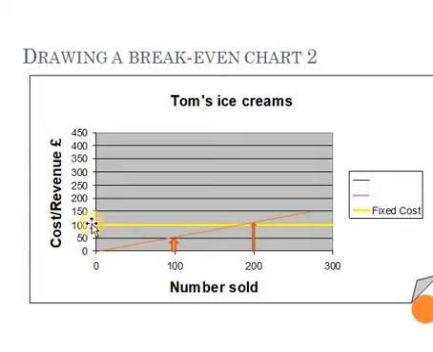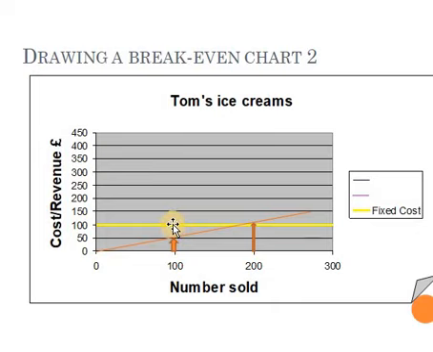Now if I want to look at the point on the x-axis related to the 100 units, I know that the variable cost is $50 as we calculated previously. If I draw a horizontal line at this point where the quantity of ice cream sold is 100, to intersect with this yellow line, how much is it?